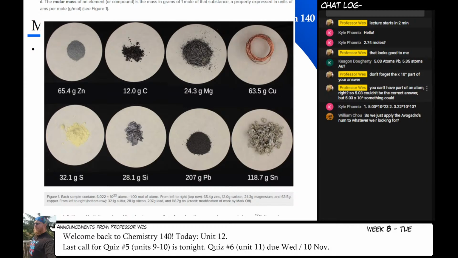Any idea at all? It's not close to the atomic number. Yeah, there you go. It's the AMU, right?